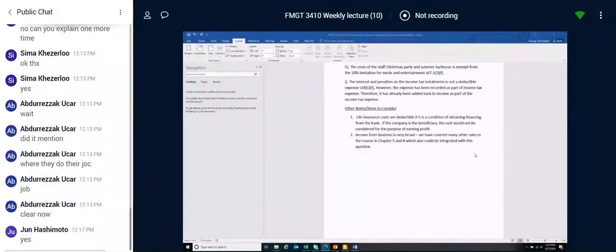Okay. Number 2, interest expense. If a company incurs interest expense, the rule that governs whether that interest is deductible or not is 20(1)(c). We briefly mentioned this before in the employee loan context, but again, you have to deal with this when it comes to business income.